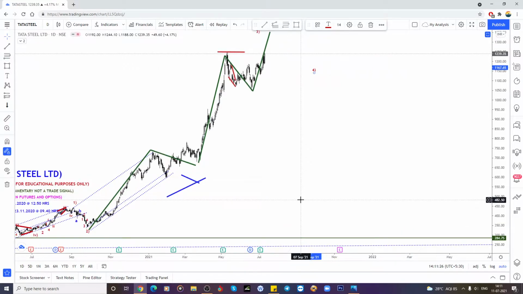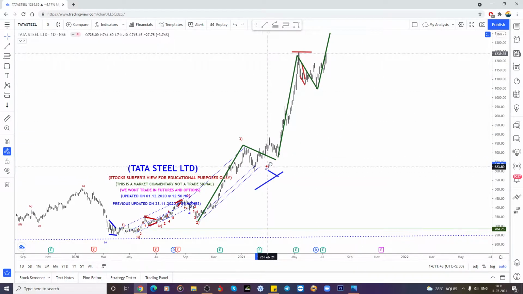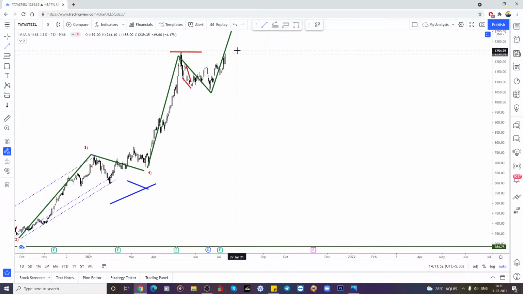So the third wave got extended. So 1, 2, 3, 4 and 5. So I'm looking for this only. But if this is the wave 1, this is the wave 2, this is the 3, 4, 5. So if it has already ended, whether here or here, if it ended in the fifth wave, this could be an irregular flat formation.